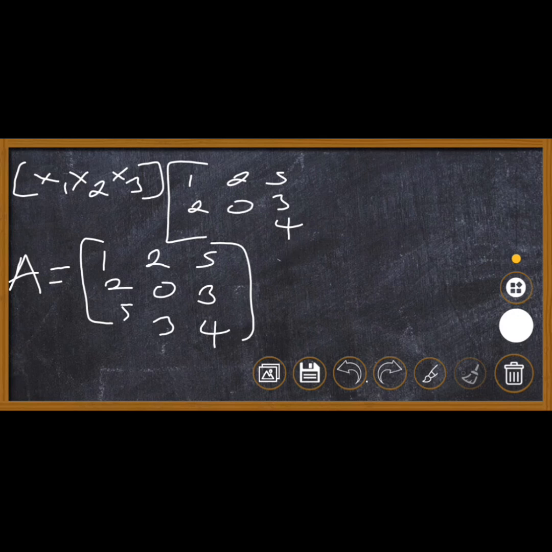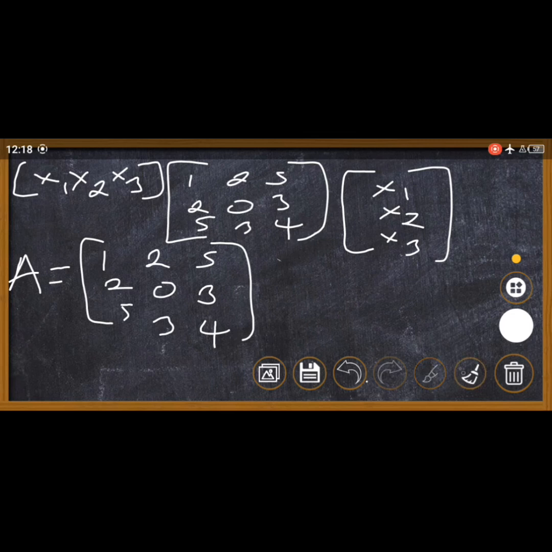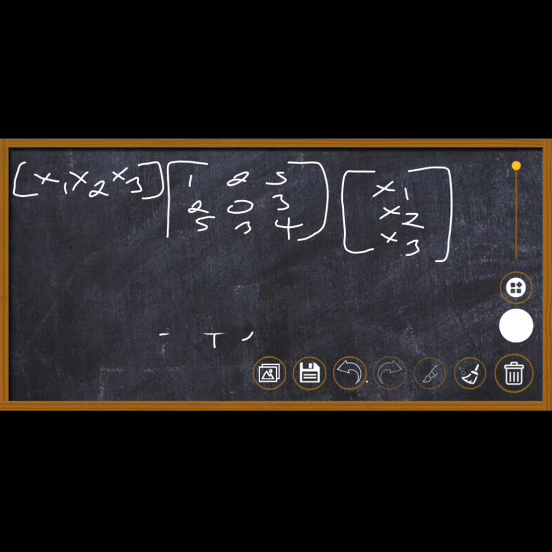So this is the matrix, and then here you write the unknown values in a column: x1, x2, and then x3. Let's remove whatever is down there, since we don't need it anymore. So we have firstly expressed the given expression in standard form.